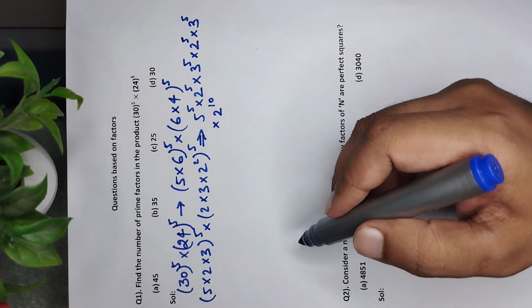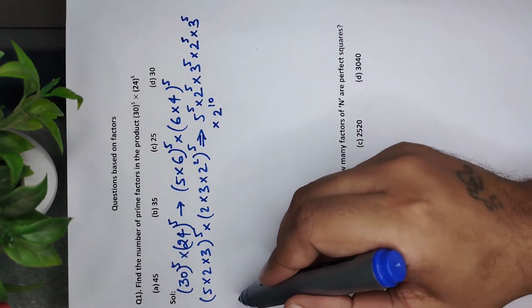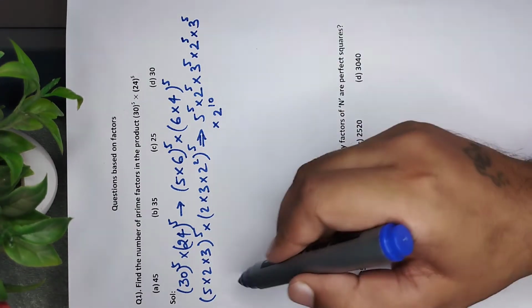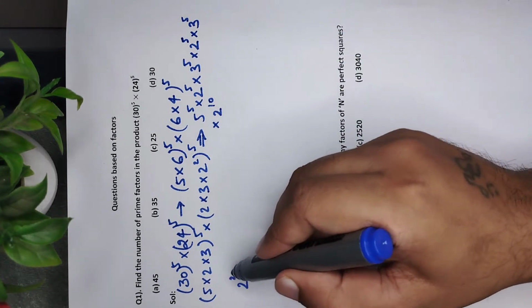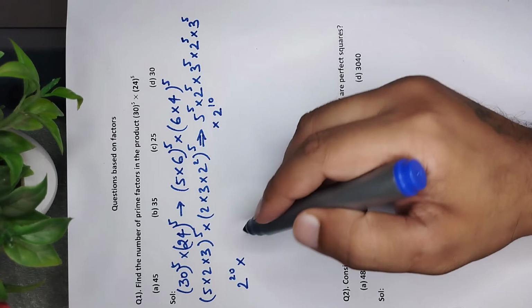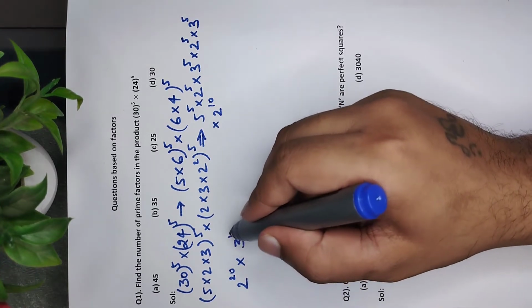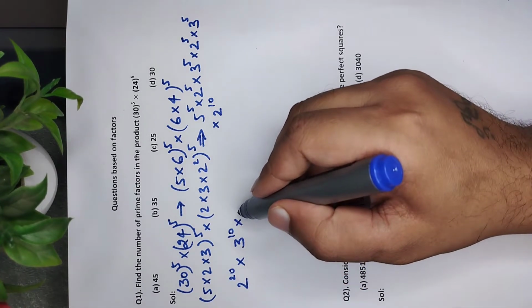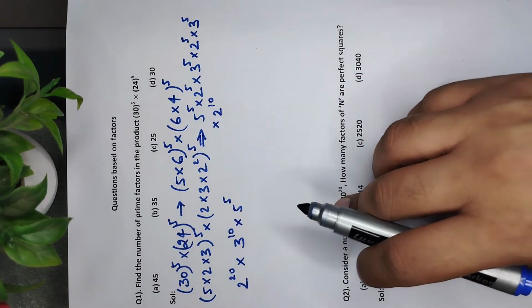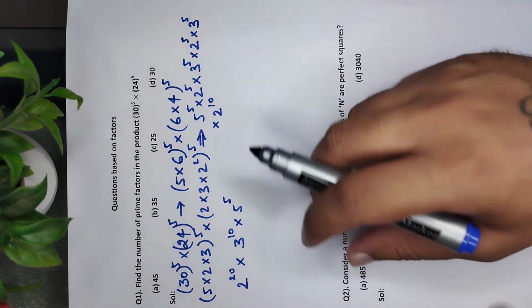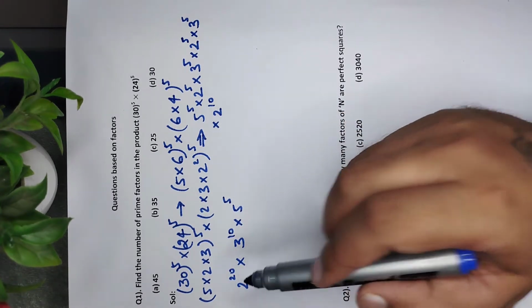So I can further write this one as 2 raised to the power 20 multiply by 3 raised to the power 10 multiply by 5 raised to the power 5.